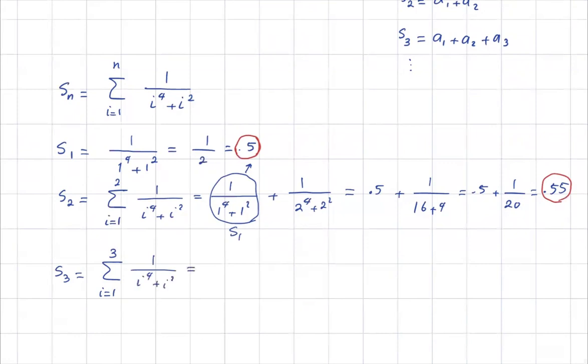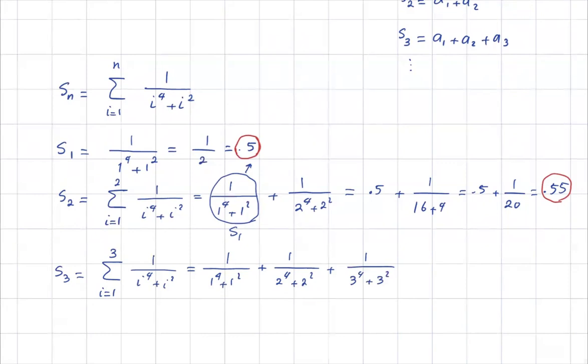With the same process, we plug in 1 for i, then 2 for i, then 3 for i. So you get 1 divided by 1 to the 4th plus 1 squared, plus 1 divided by 2 to the 4th plus 2 squared, plus 1 divided by 3 to the 4th plus 3 squared.